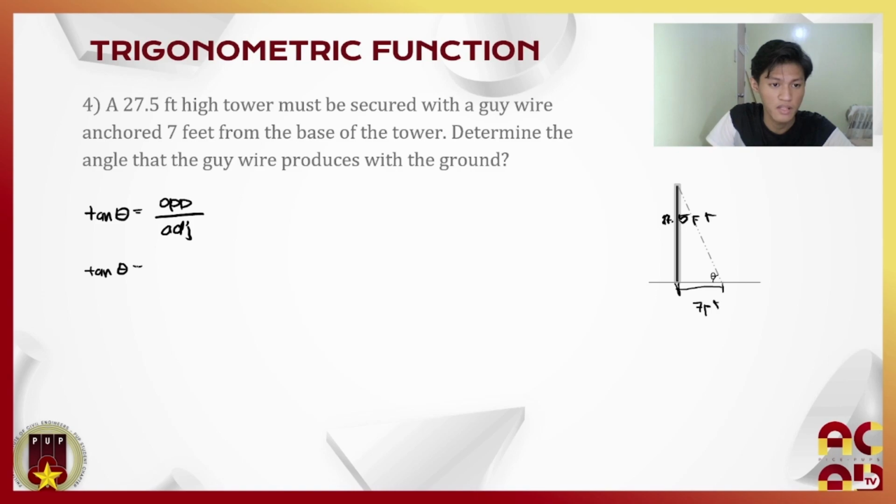So, tangent theta, since wala tayong angle. Opposite, so ano ba yung opposite natin? So, yun yung height ng tower, 27.5 feet. And then, adjacent, yung parang base, which is 7 feet.